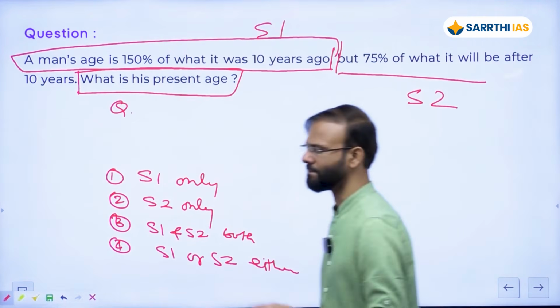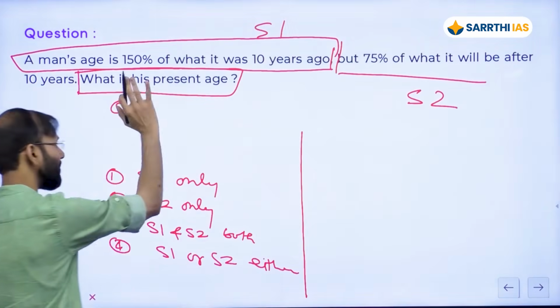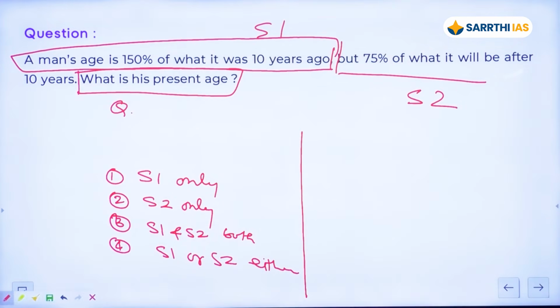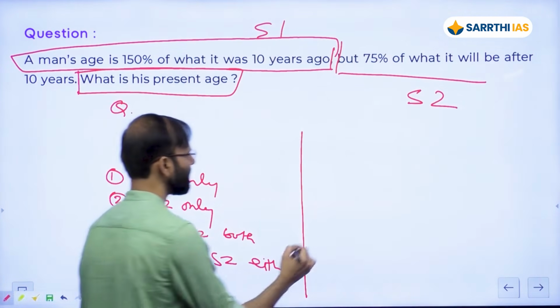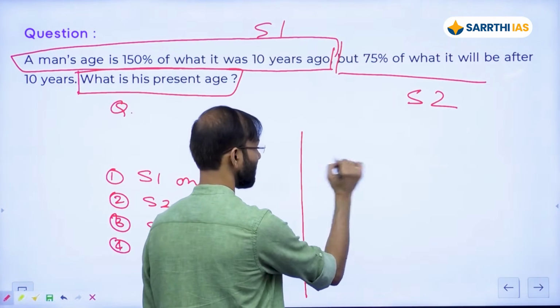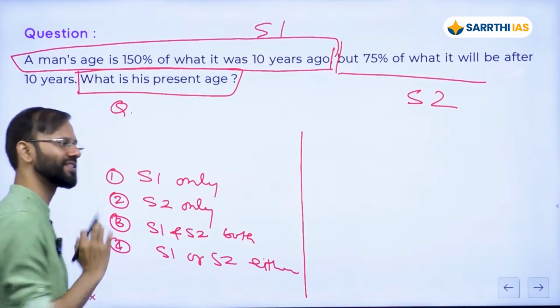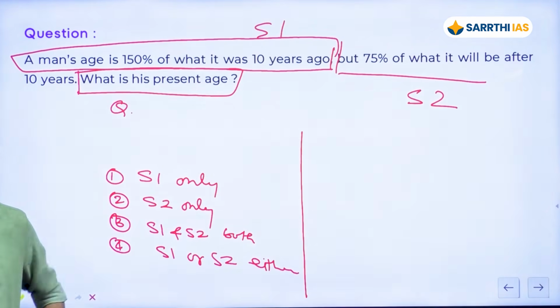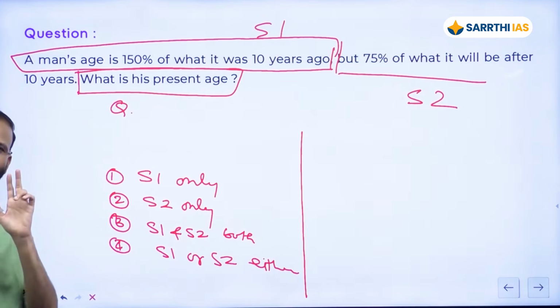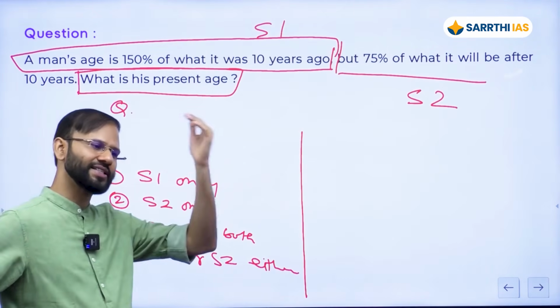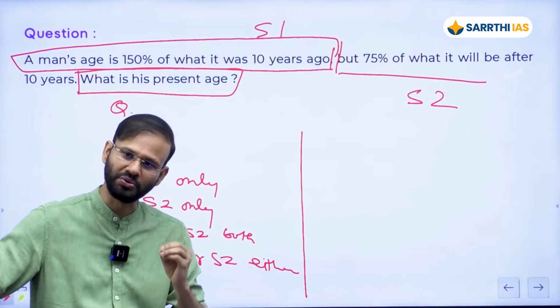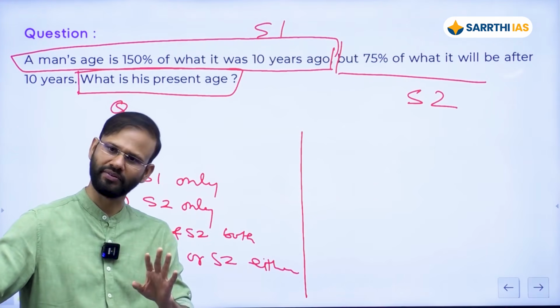See, guys, देखिए, statement number 1 alone, right? क्या लिखा हुआ है? What is the statement? A man's age is 150% of what it was 10 years ago. तो 10 साल पहले उसकी जो एज थी, आज उसका 150% हो चुकी है. करेक्ट एवरीवन?